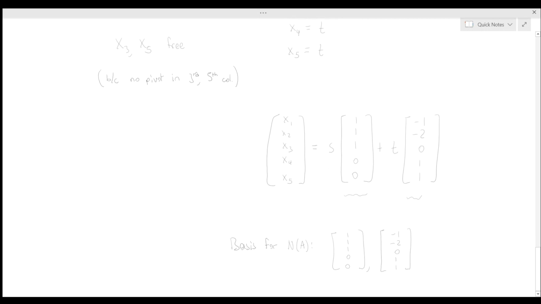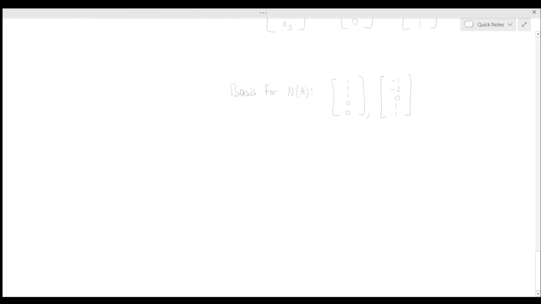Okay, so any questions about that? So then lastly, I'll quickly touch on the last space, which was the left null space.